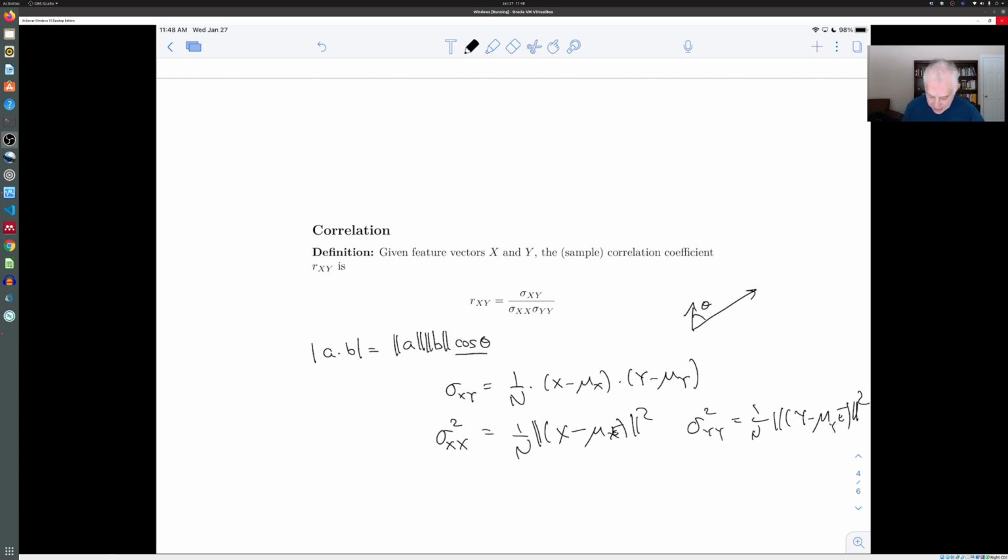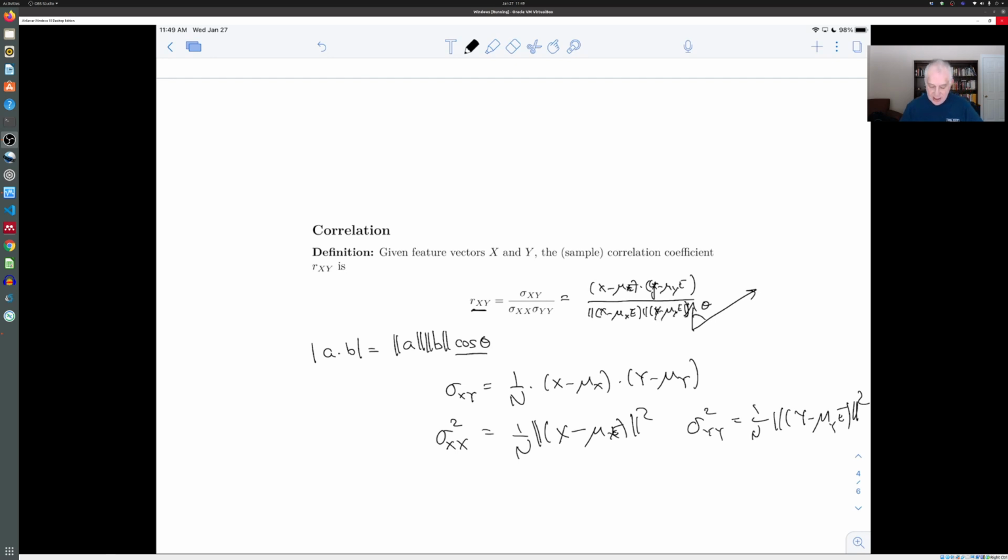And so this number that I'm calling rxy can be thought of as the dot product of x minus mu x e times y minus mu y e, divided by the norm of x minus mu x e times the norm of y minus mu y e.